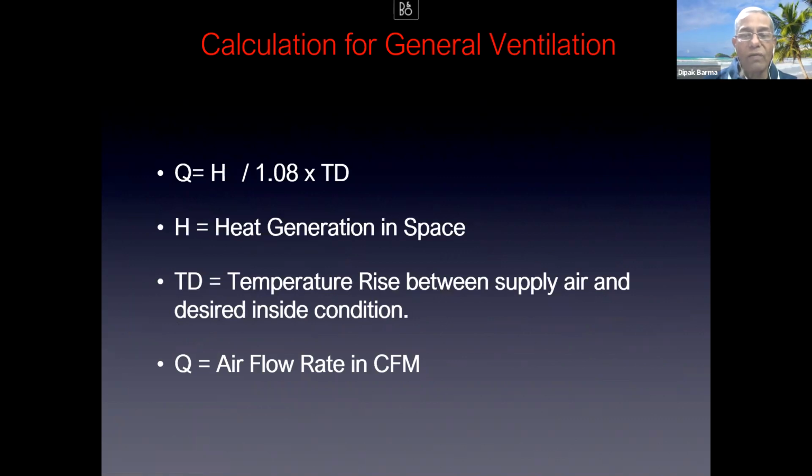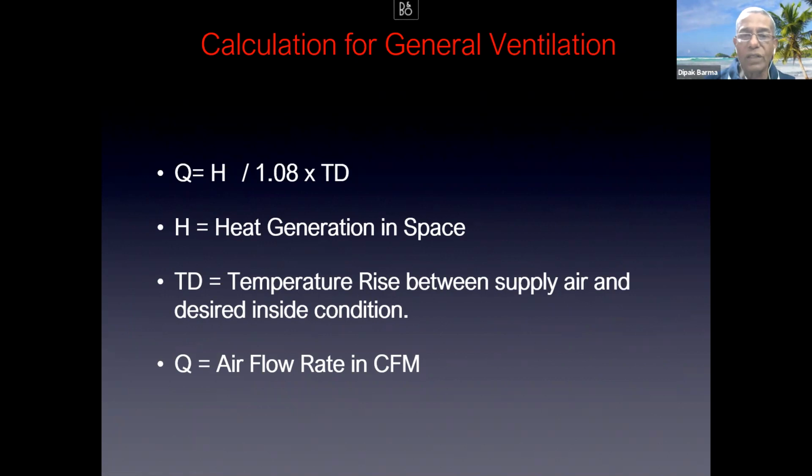Now, generally the formula for this is Q, the airflow requirement, equals heat, the amount of heat being generated within a space, divided by 1.08 times the temperature difference.